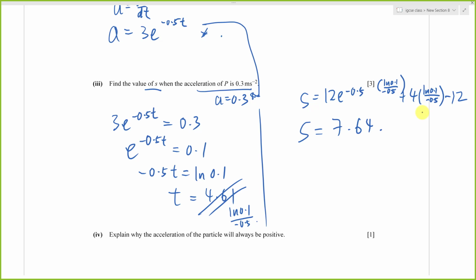As a fraction, ln 0.1 over negative 0.5. Oh my god, don't give me a math error. Yeah, then I will get the very accurate answer, 7.62.